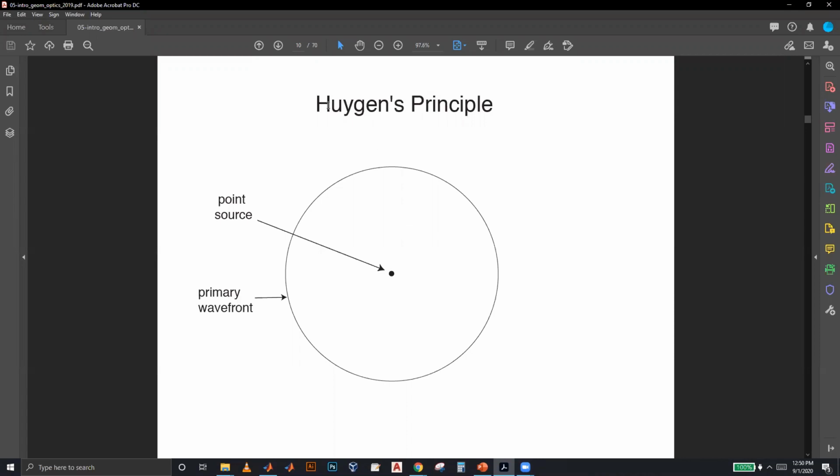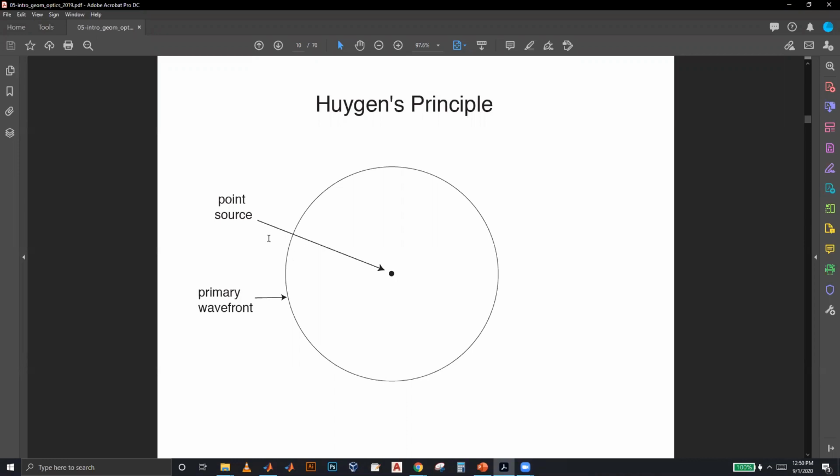Okay, so the Huygens principle shows how light propagates from a point source. So imagine this is an infinitesimally small point source from which light is emanating. How does light propagate away from this point?